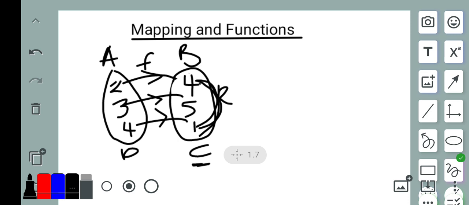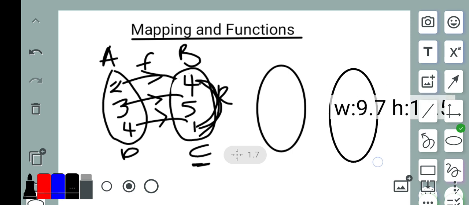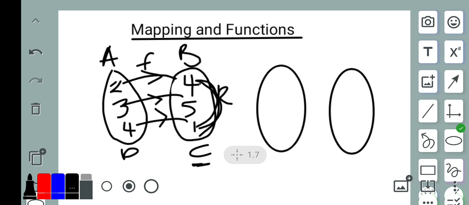Now let's look at a typical example of a function. Let's say we have set A and we have set B. I like using B. And this is f.